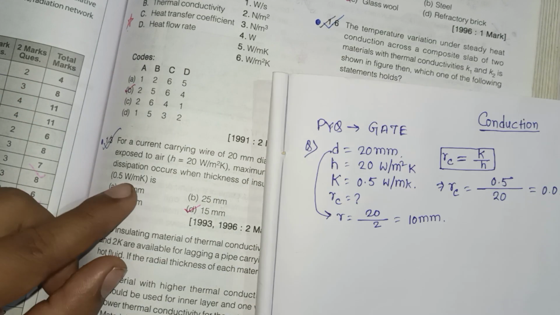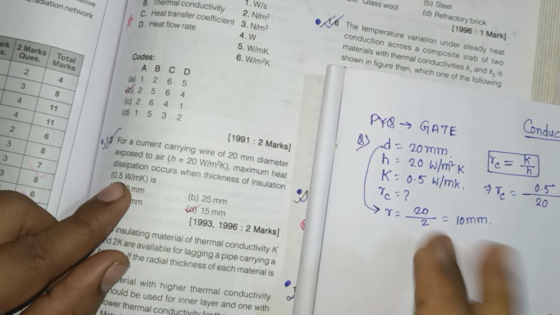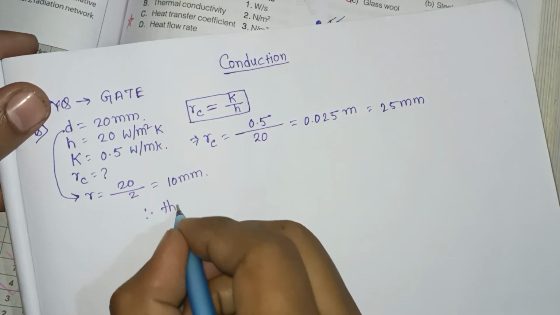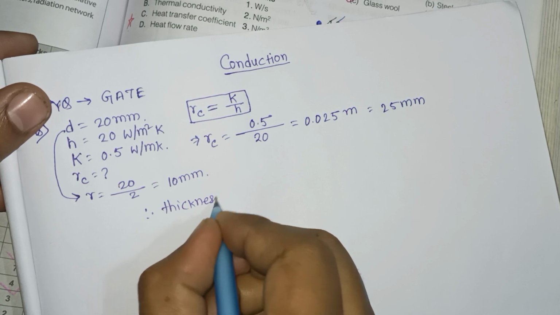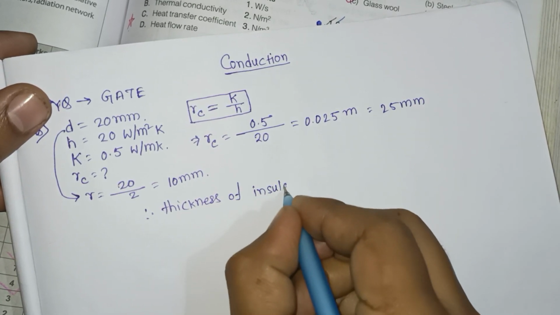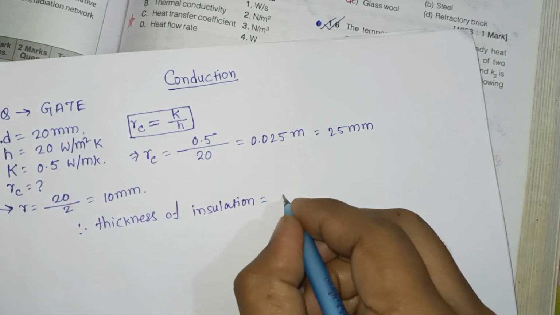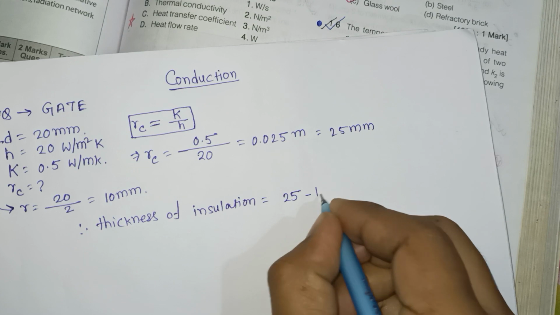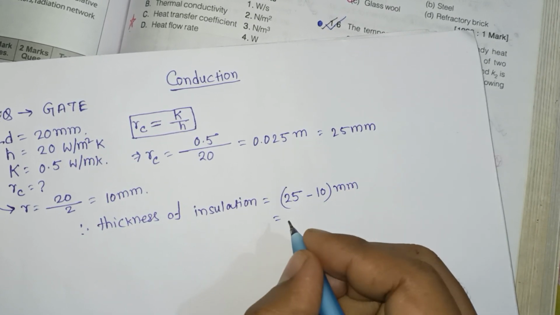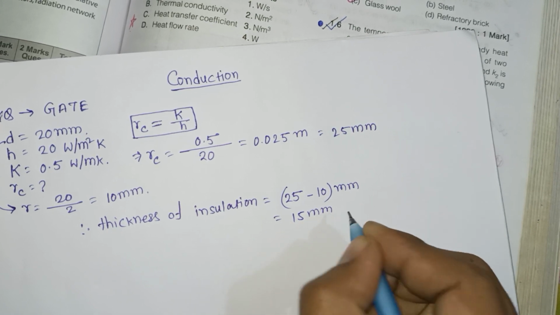So the thickness of insulation equals 25 minus 10 millimeter, that is equal to 15 millimeter.